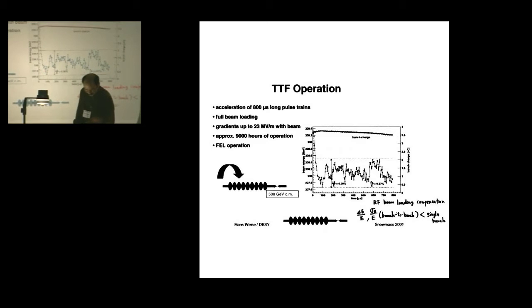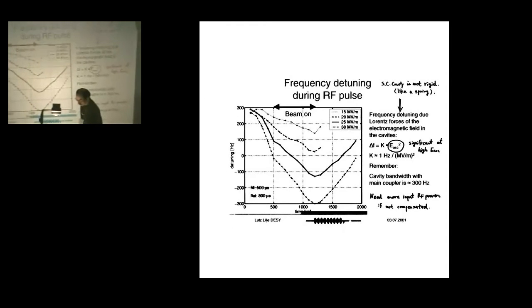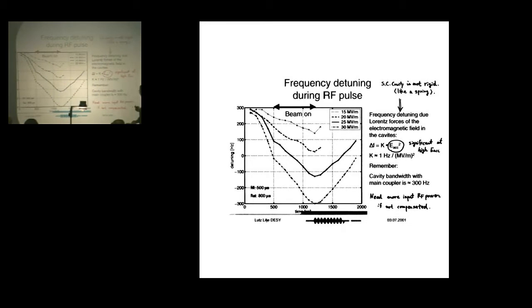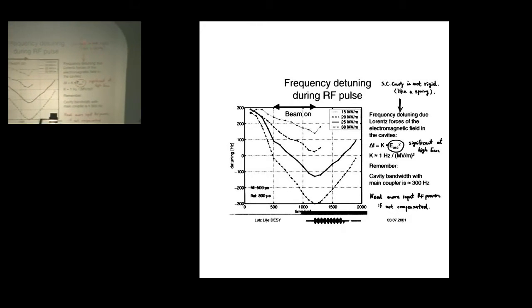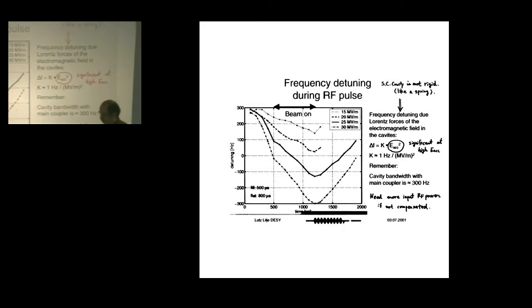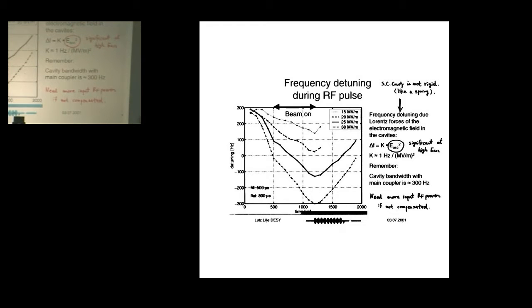But if you want to go to even higher gradient, you have to worry about the frequency detuning, because the superconducting cavity is not rigid. It's like a mechanical spring. So if you apply a higher gradient, then the electromagnetic force will deform the cavities. It means the resonance frequency will change, and the change is proportional to the square of the gradient.